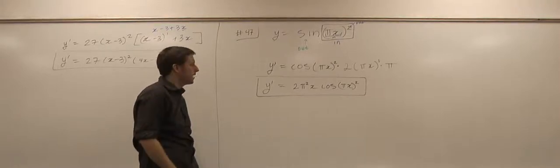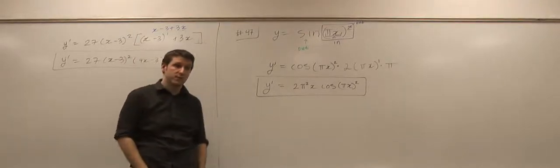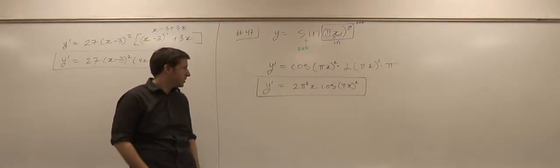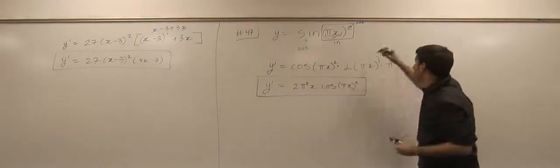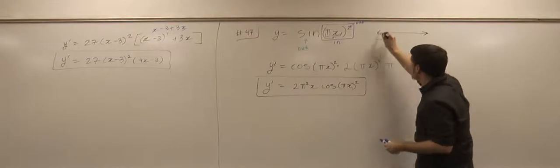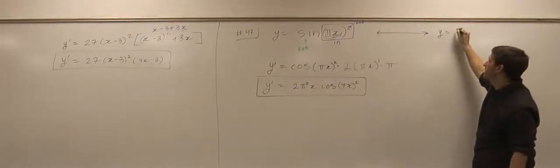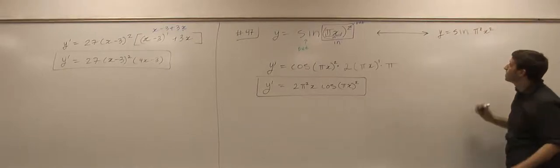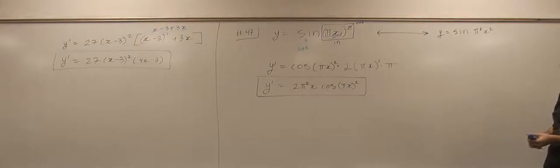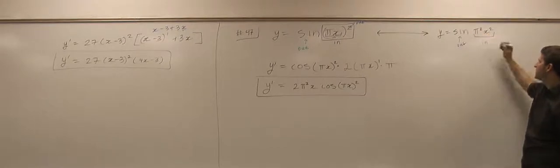You could have done this without doing a triple chain rule if you did a little bit of simplification first. Or I guess a double chain rule. The other way to do this, it's up to you, whichever one you like more, is a little bit of an algebra simplification by rewriting the inside as sine of pi squared x squared. So then you have this outside and this guy inside.